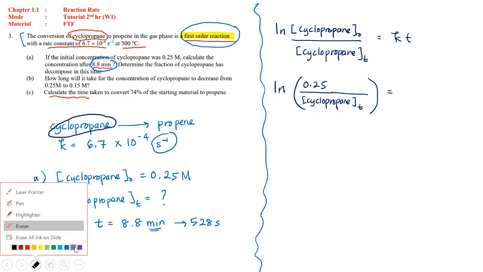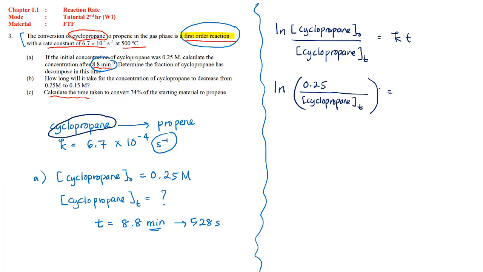So K value is 6.7 times 10 to the power of -4 per second times time in second, 528 second. So the unit of second and per second is cancelled out.